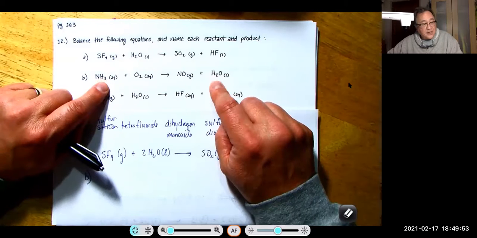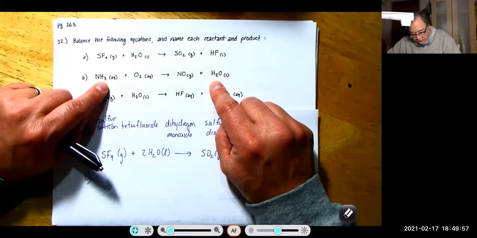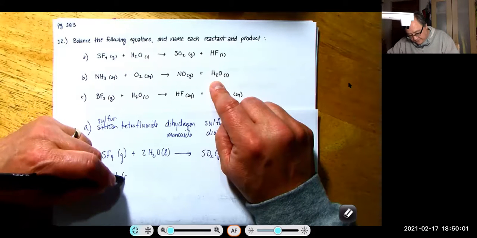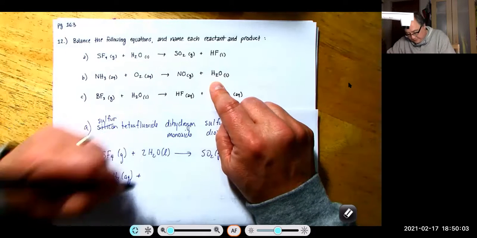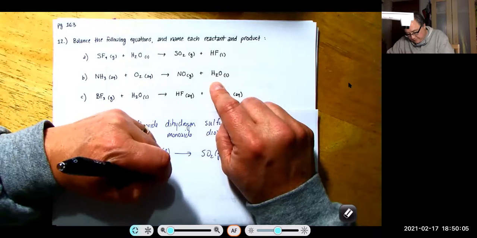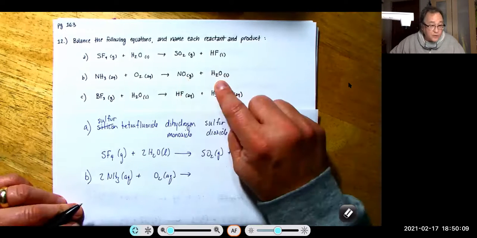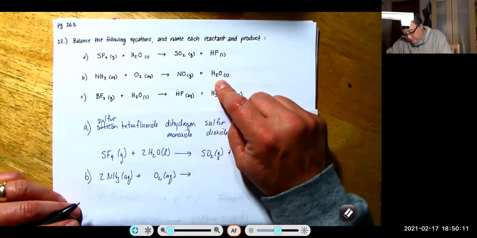So 3 times 2 is 6. I'm going to shoot for 6 hydrogens. So I'm going to put a 2 NH3. And I'm going to put a 3 H2O.